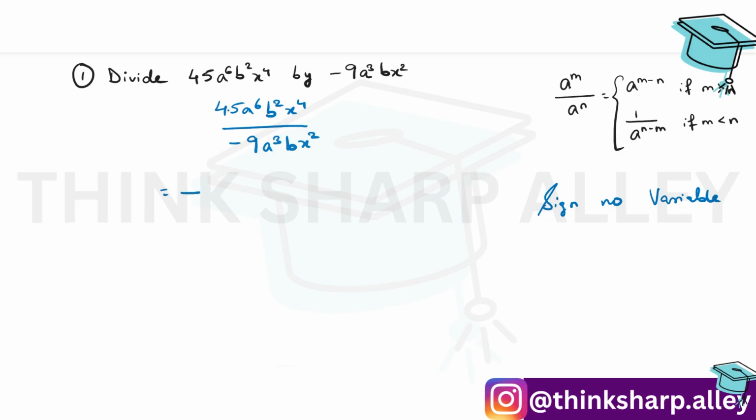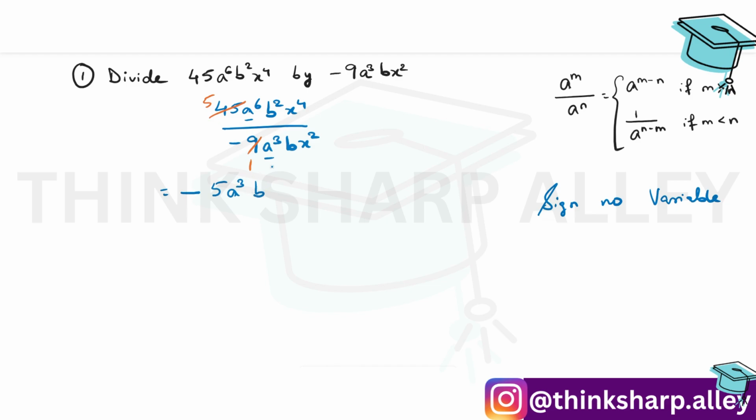Next, we are dealing with numbers. So, 45 divided by 9. Here we can cancel and we get just 5. Now the variable. The like terms you see are a to the power 6 and a cube, so the powers will get subtracted. 6 minus 3 is 3.